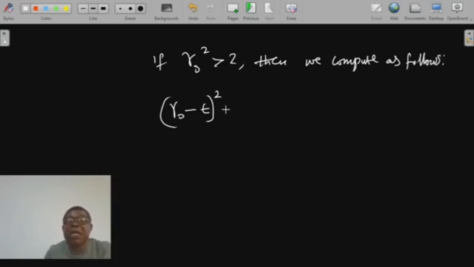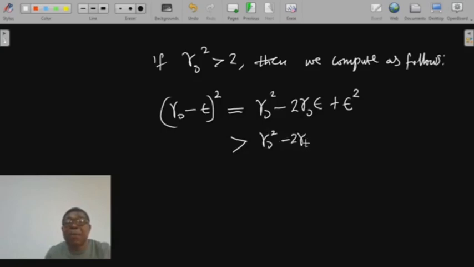Gamma naught minus epsilon all squared will give us, remember epsilon is any positive number, gamma naught squared minus 2 gamma naught epsilon, then plus epsilon squared. And this, of course, is really bigger than gamma naught squared minus 2 gamma naught times epsilon.